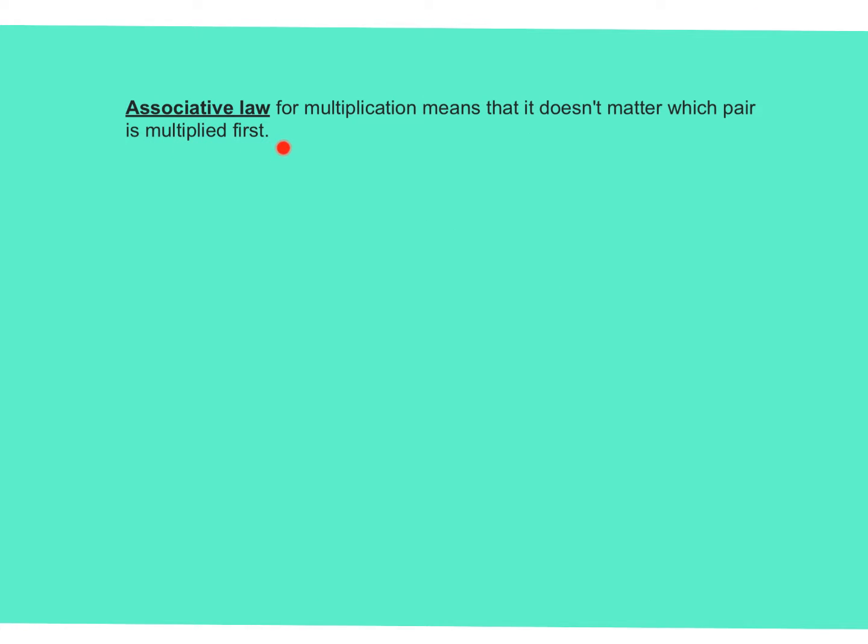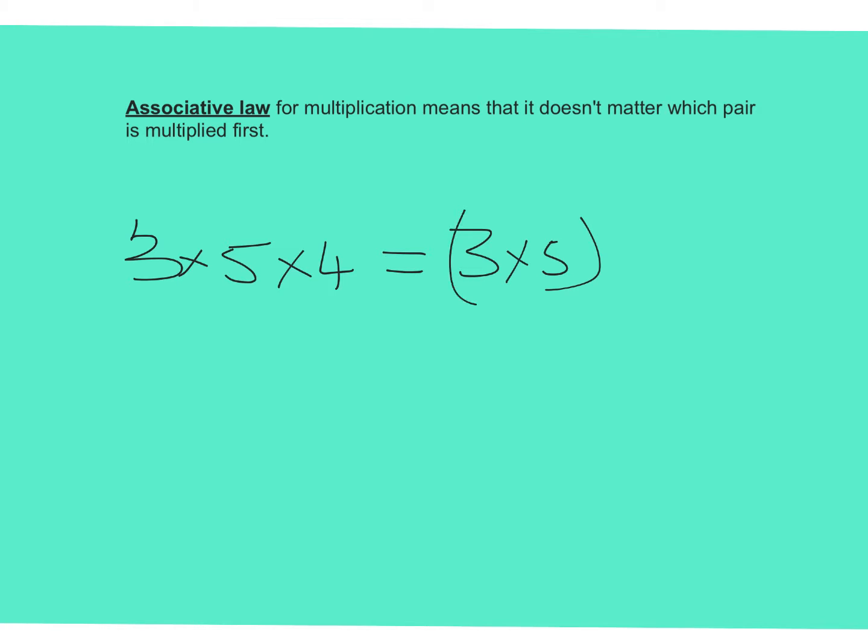The associative law for multiplication means that it doesn't matter which pair is multiplied first. So if we had 3 by 5 by 4, we could multiply 3 by 5 first. So I'll put those in the brackets, times by 4. So 3 by 5 is 15 by 4. 15 by 4 gives us 60.